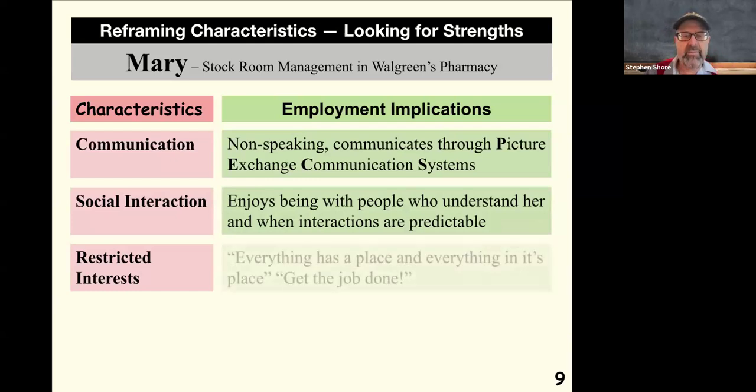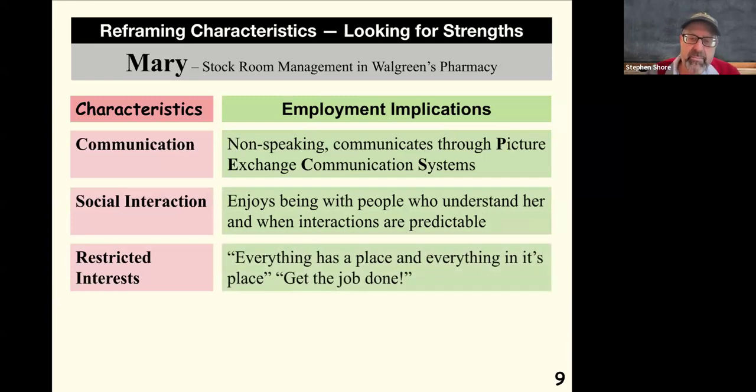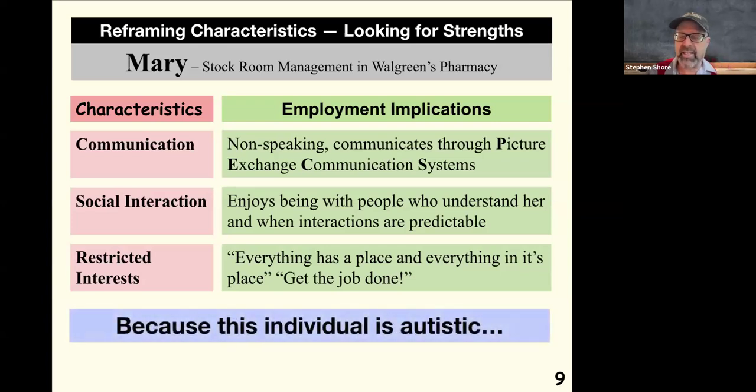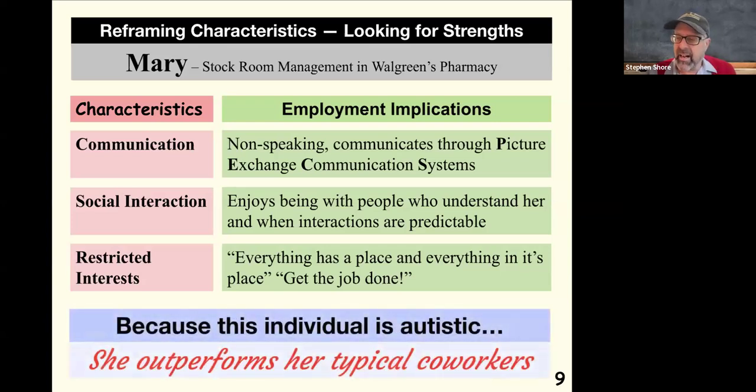And we might say Mary's motto is everything has a place and everything in its place. Get the job done. And she makes sure the job is done. She does it with more enthusiasm, faster and better than anybody else. And because she has these autistic characteristics, she outperforms her typical coworkers. And this is how we need to take a look at autism, and actually everybody else as well.